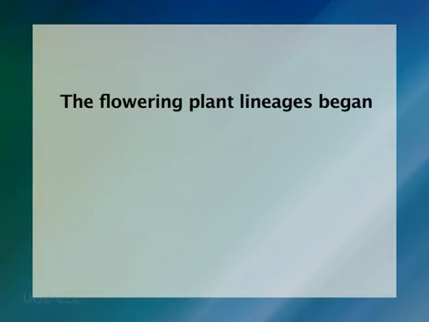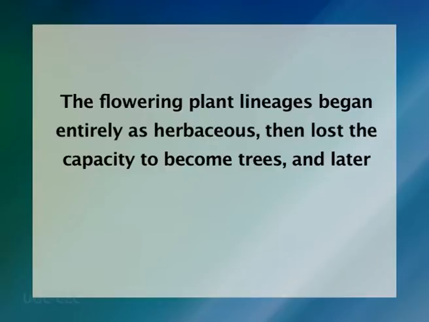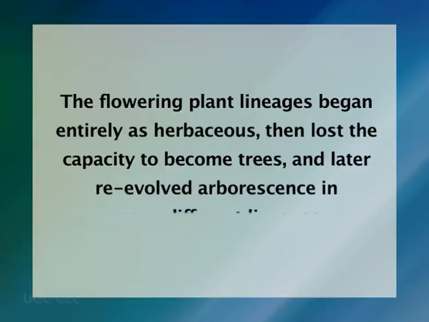Some evolutionary theorists even conclude that the flowering plant lineages began entirely herbaceous, having lost the capacity to become trees, and then later re-evolved arborescence, or tree habit, in many different lineages.